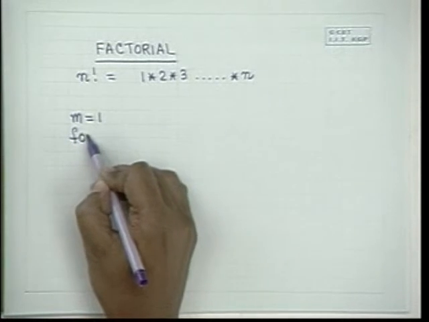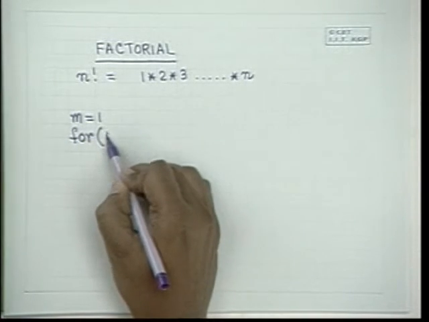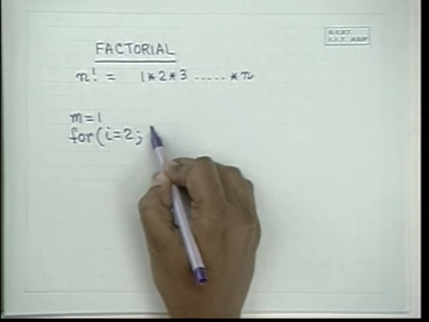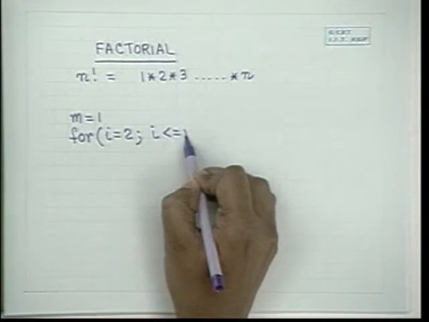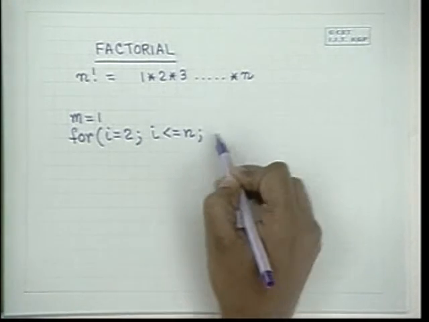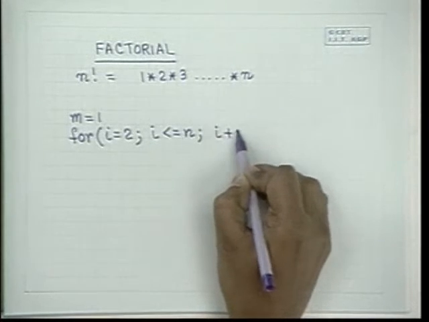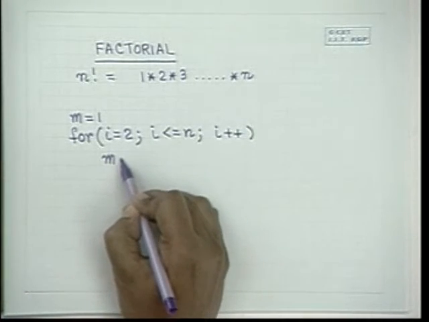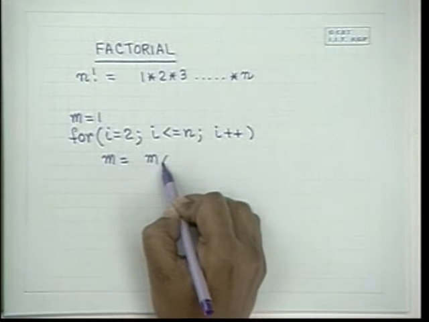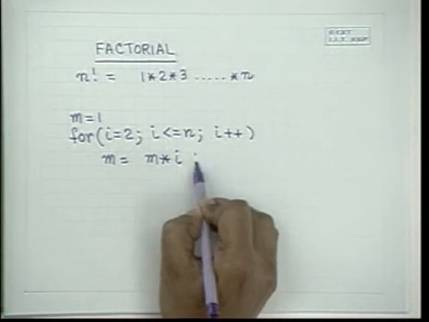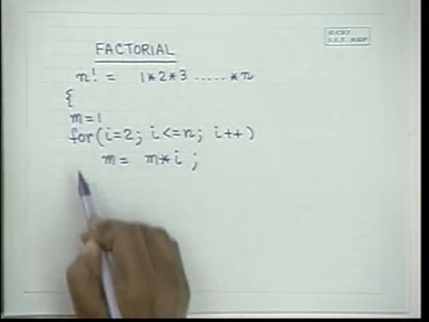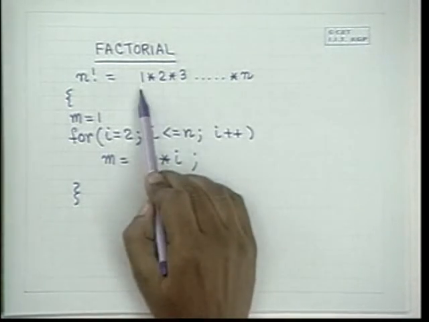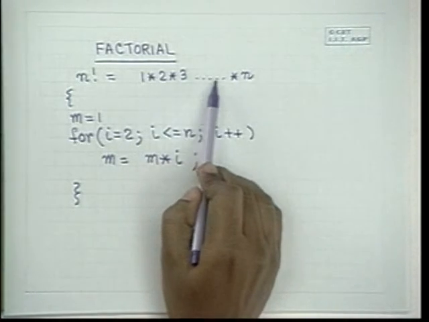Its C equivalent would look like this. This would be the C equivalent for the program. Just in a loop, you multiply 1 into 2, then into 3, then into 4, then into 5.